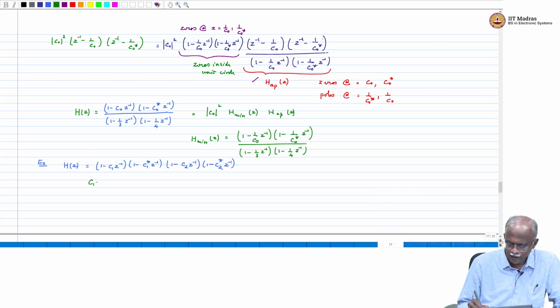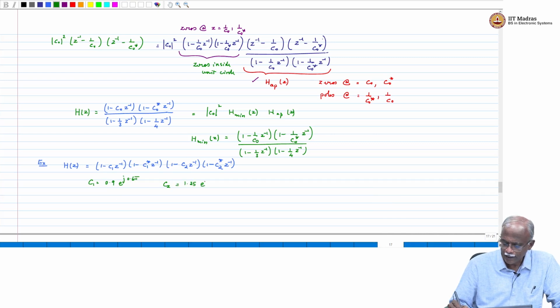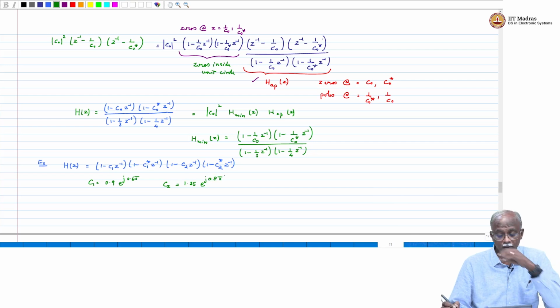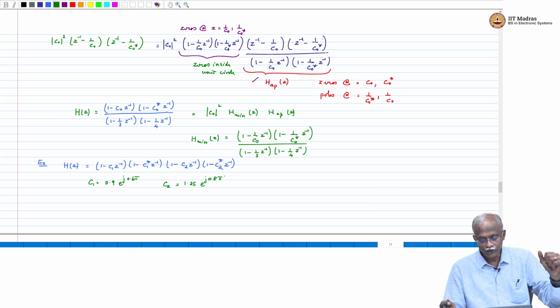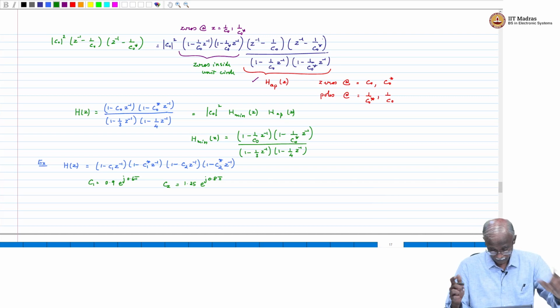Okay, we are given that C1 is at 0.9 e power j 0.6 pi. C2 is at 1.25 e power j 0.8 pi. One pair of zeros inside the unit circle, another pair outside the unit circle.